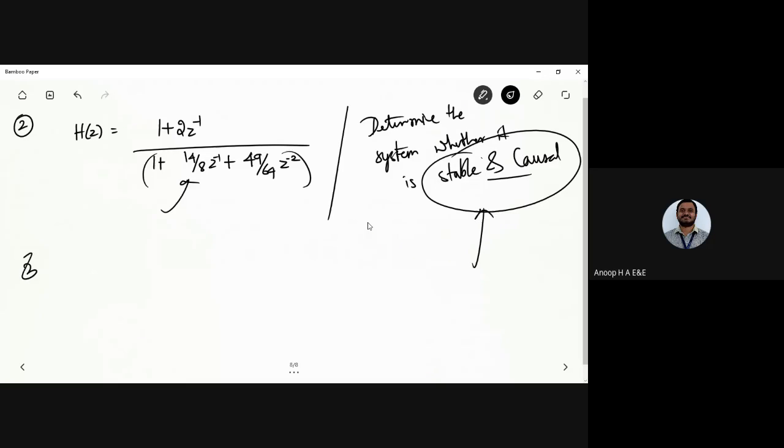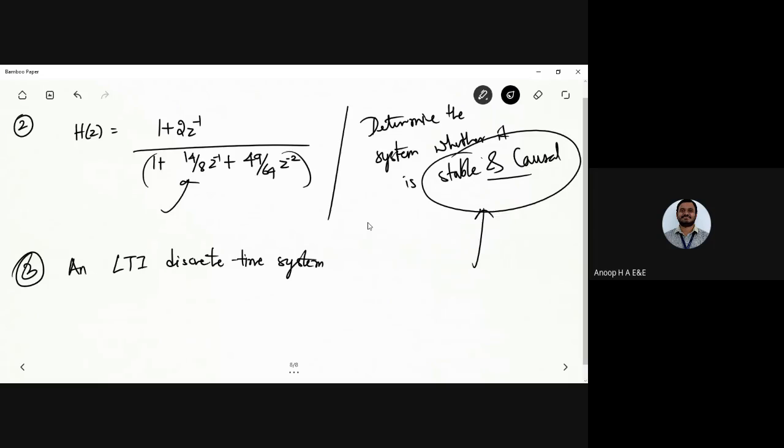Third one, you can give a try, or else I'll send you the solution in detail. An LTI discrete system, a linear time invariant discrete time system. Generally I can call this a discrete system only.